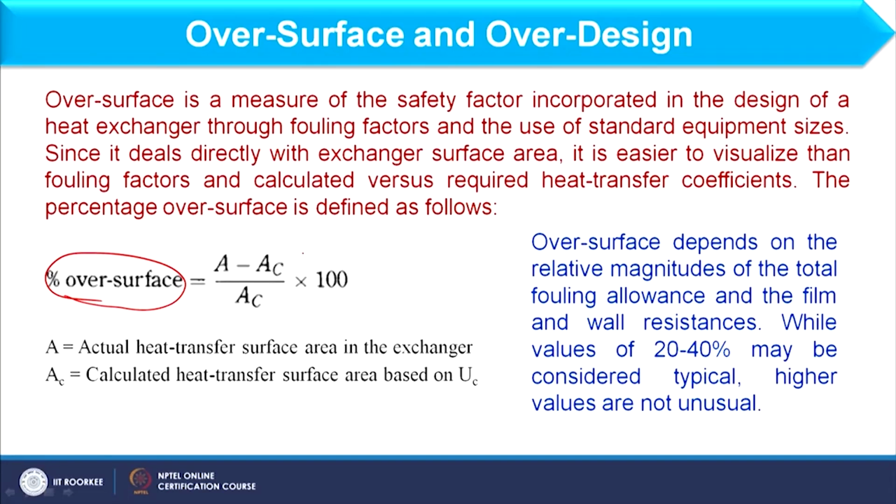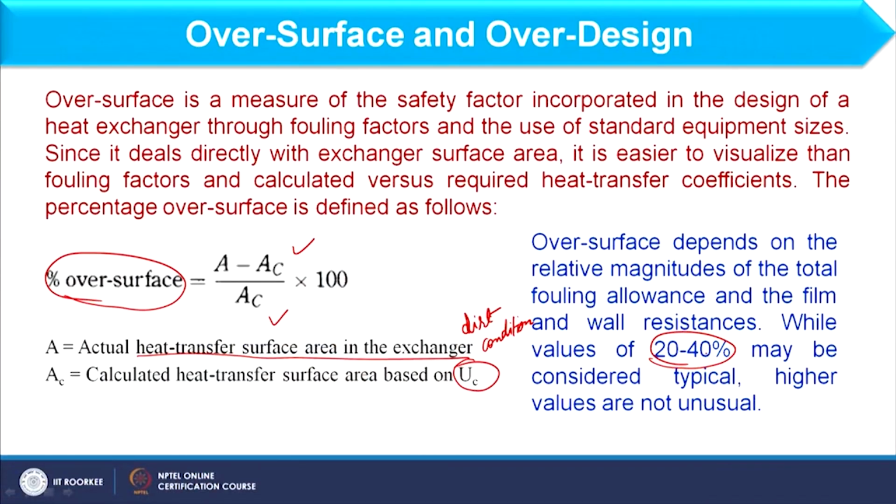We can consider this expression: A minus AC divided by AC, into 100. Okay. What is A? That is the actual heat transfer surface area in the exchanger. Actual means at dirt condition. AC means the calculated heat transfer surface area based on UC, that is the clean overall heat transfer coefficient.